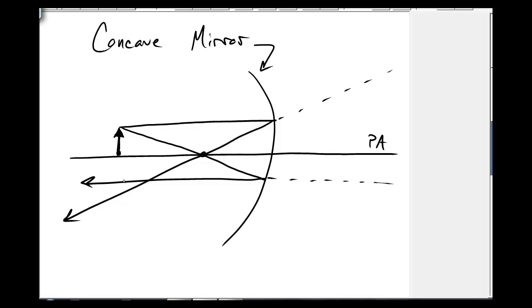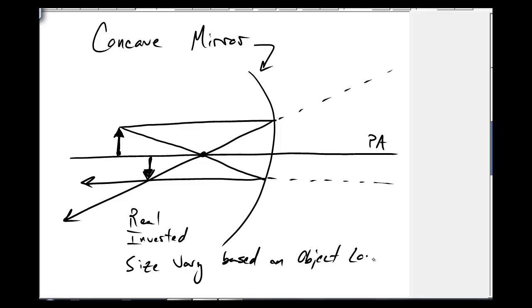What do you notice about my reflected lines in the real space, though? They're meeting in front of the mirror. This has to be where the tip of my arrow is, which means that I have a real image. I have an inverted image, and the size will vary based on object location.